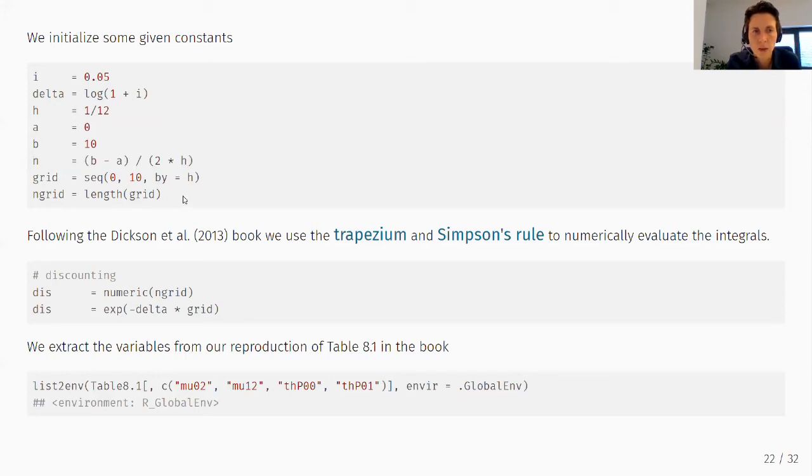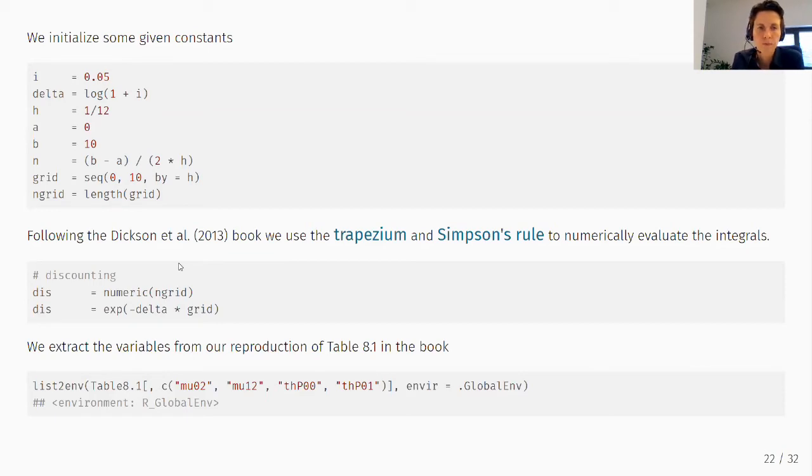And I calculate the length of this grid. So what I'm going to do is I'm going to work in a vectorized sense. So I'm going to evaluate the concepts that I need over the time points in my grid. And then I can use, for example, the trapezium or the Simpson rule to do numerical evaluation of my integrals.